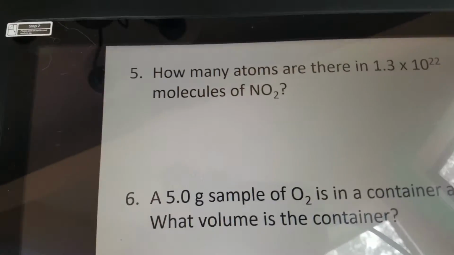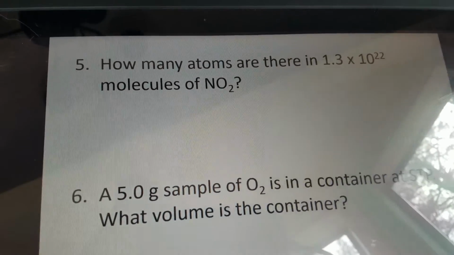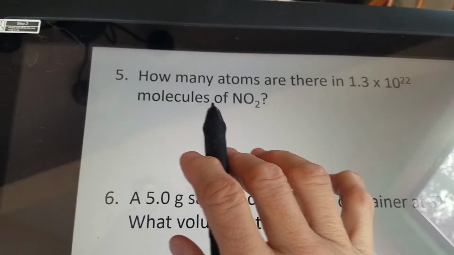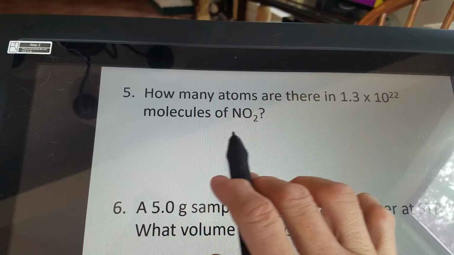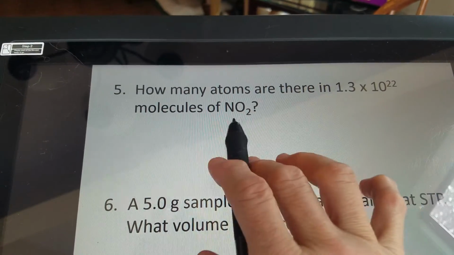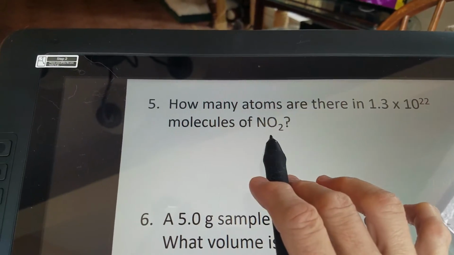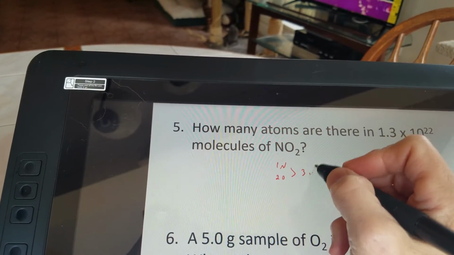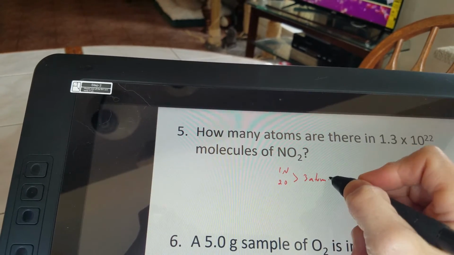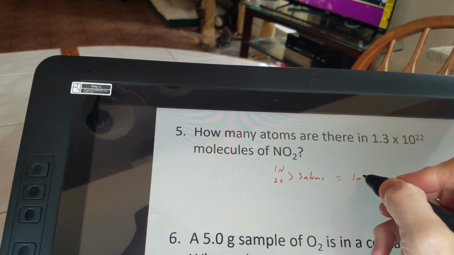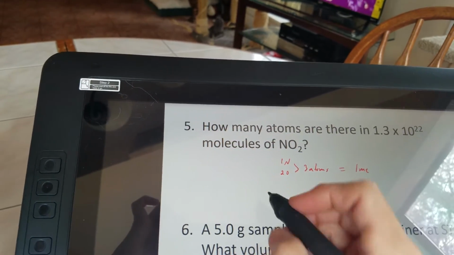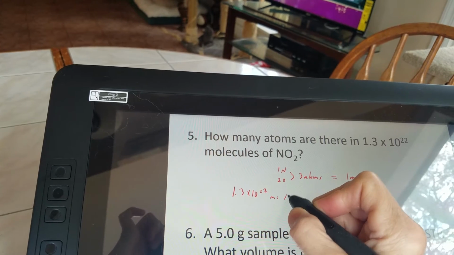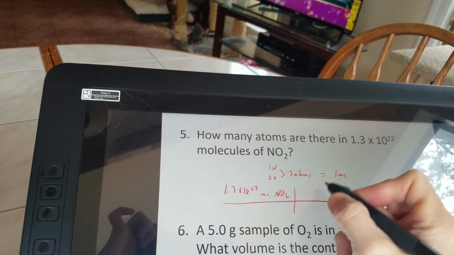Now number 5 is a little different, so I'm going to run through that one real quick, and then this will give you some time to work on some of these others. But if you're looking for atoms in a molecule, all you have to do is look at your formula. You know how many atoms are in this formula because we did this earlier. We've got 1 nitrogen, we have 2 oxygens for a total of 3 atoms in that 1 molecule. That's our conversion factor. So all I have to do is take my 1.3 times 10 to the 22 molecules, and use this as a conversion factor.